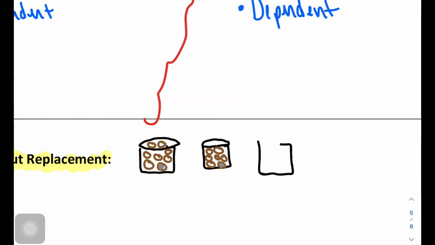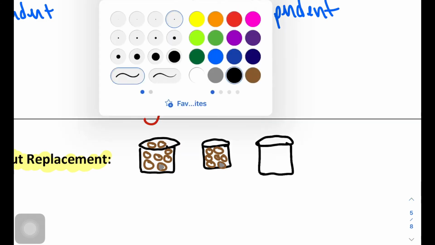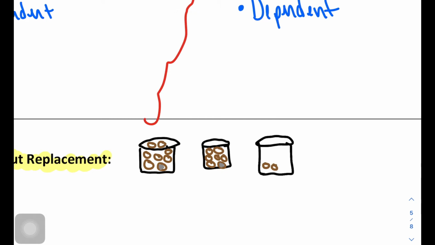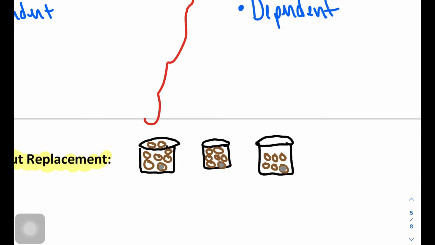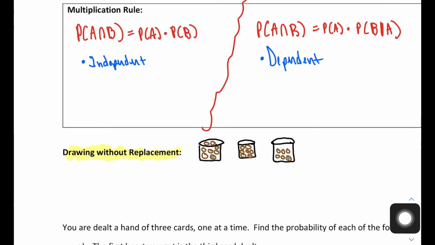Now let's say I grabbed another cookie, and it still wasn't that gray one. So now I only have 6 left over, and you can see the probability is now 1 out of 6. So drawing without replacement means there's a fixed number of things we are drawing from.